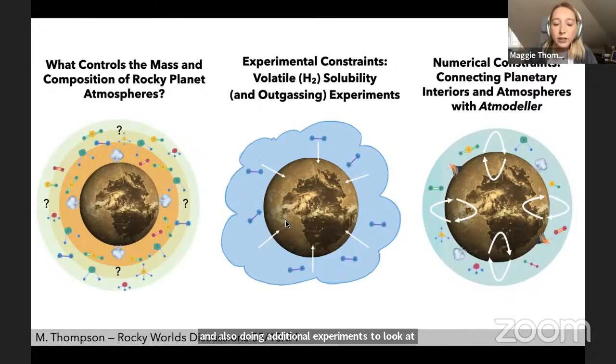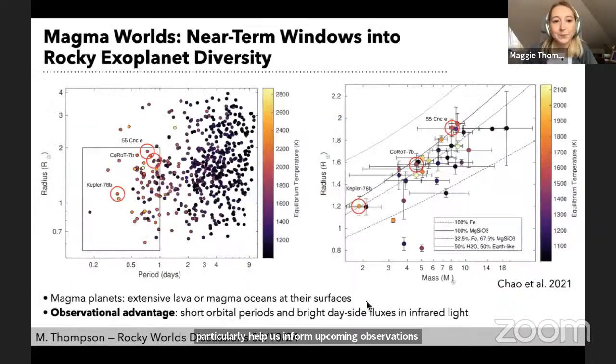And then I will finish by talking about how we can combine these experimental works into numerical models to help us actually connect the interiors and atmospheres of planets, and particularly help us inform upcoming observations and observations that we already have with JWST.